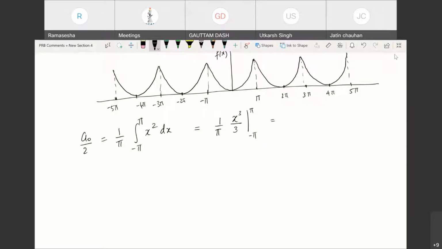That is equal to 1 upon 3 pi times pi cubed minus minus pi cubed, which is equal to 2 by 3 pi squared.